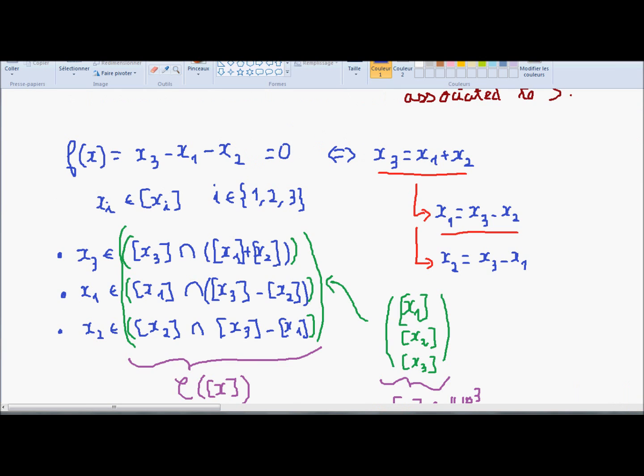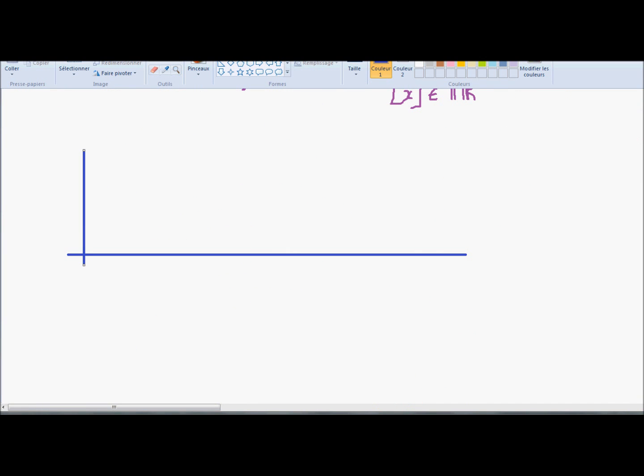If I want to represent a trajectory, here I will have the time t, so most of the time it will be the time t. For the y-axis, I will have Rn, and this is a trajectory.